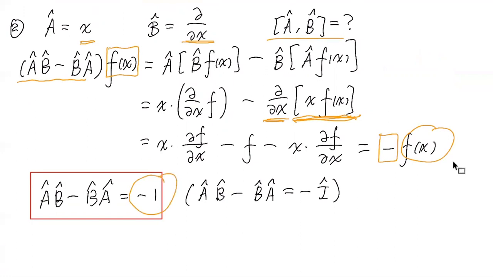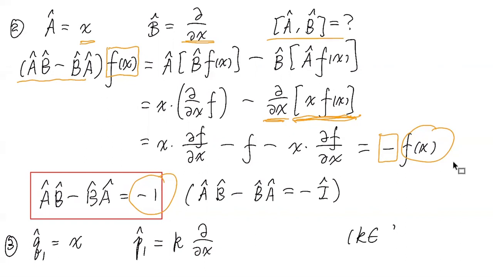All right. Now, if we consider Q1 as x, which means the position of the first particle along the x dimension, then let's consider P1, another operator, to be a constant K times partial x.